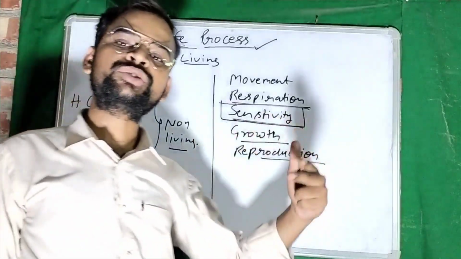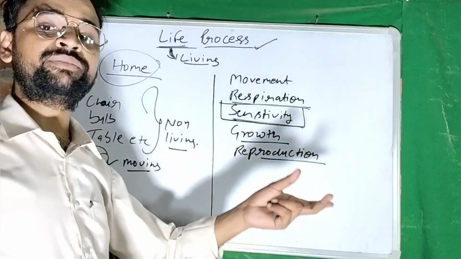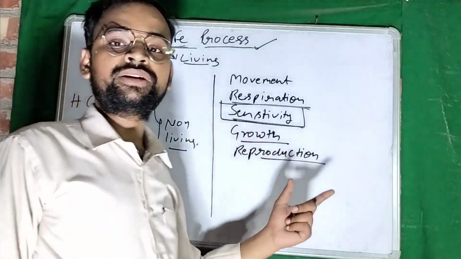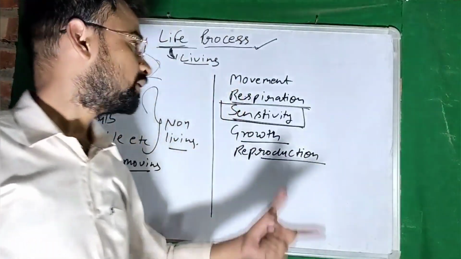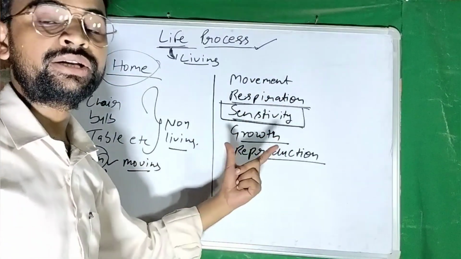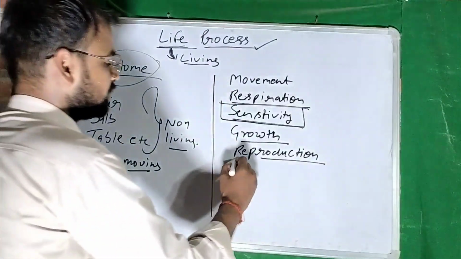They cannot reproduce their young ones, though a worker can when it eats royal jelly. So reproduction is also not a defining characteristic of living organisms, but these are the characteristics by which we can say whether something is living or not. Then nutrition is also one.